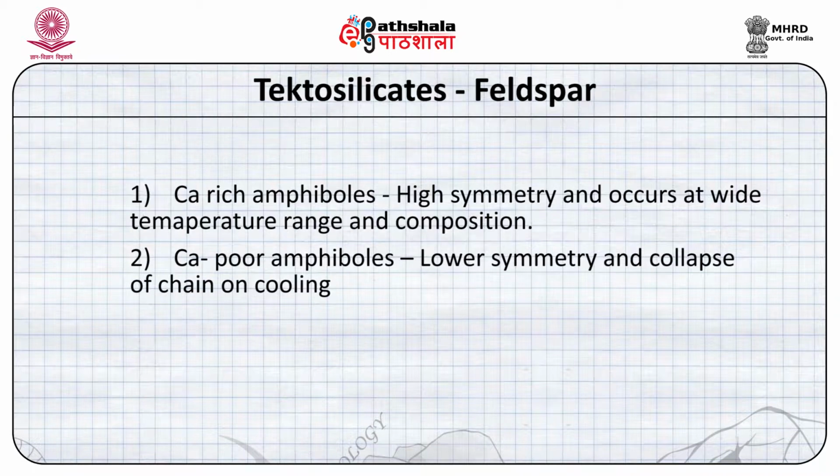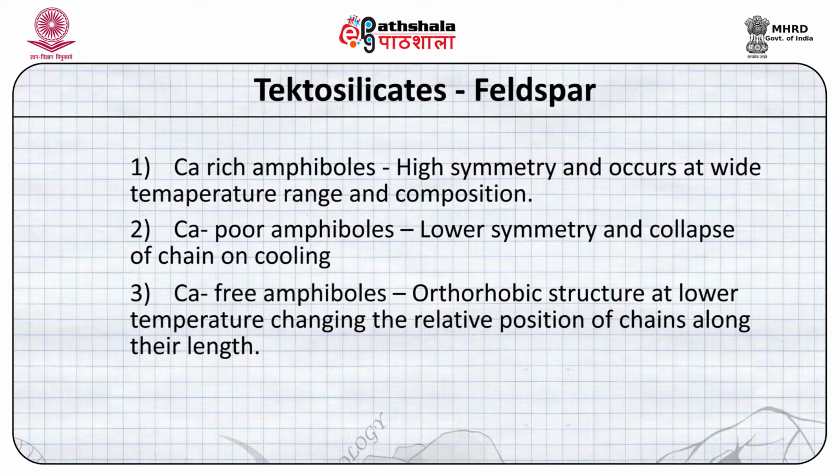Ca poor amphiboles are of lower symmetry and their chains collapse on cooling. Then there are Ca free amphiboles like anthophyllite. They are normally orthorhombic in structure and at lower temperature values the chains vary in size.